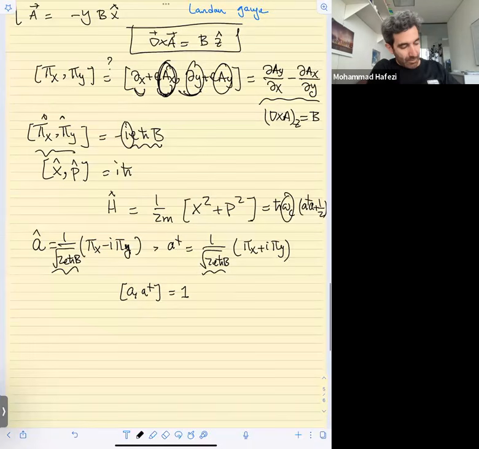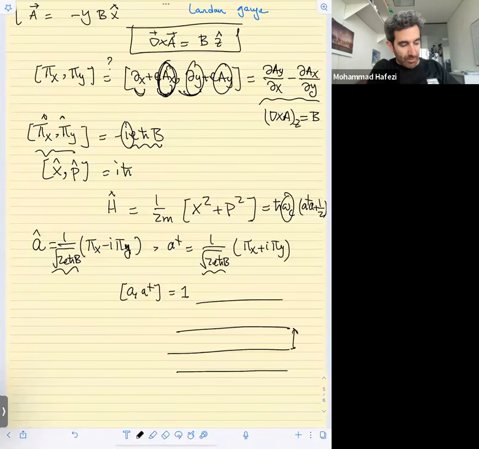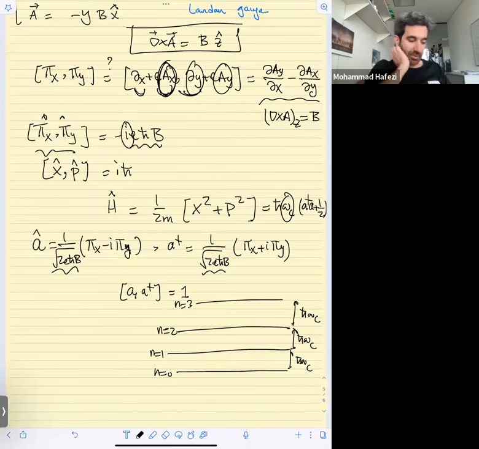So what does that mean? It means the system is harmonically spaced. Each spacing is h bar omega c. And that's it. So that will be, let's say, n0, n1, n2, n3, etc. The energy of this one would be 1/2 h bar omega c, 3/2 h bar omega c, 5/2 h bar omega c.